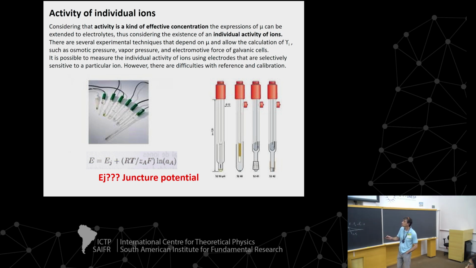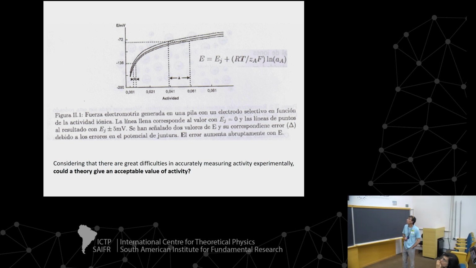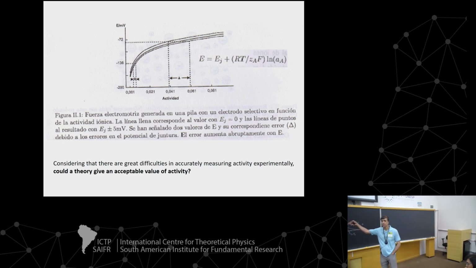There's a junction potential that is very difficult to measure, since very small changes in the junction potential translate into very large errors in the measurement of activity. So the potential of the electrode changes a lot, and the errors in activity increase progressively as activity grows.